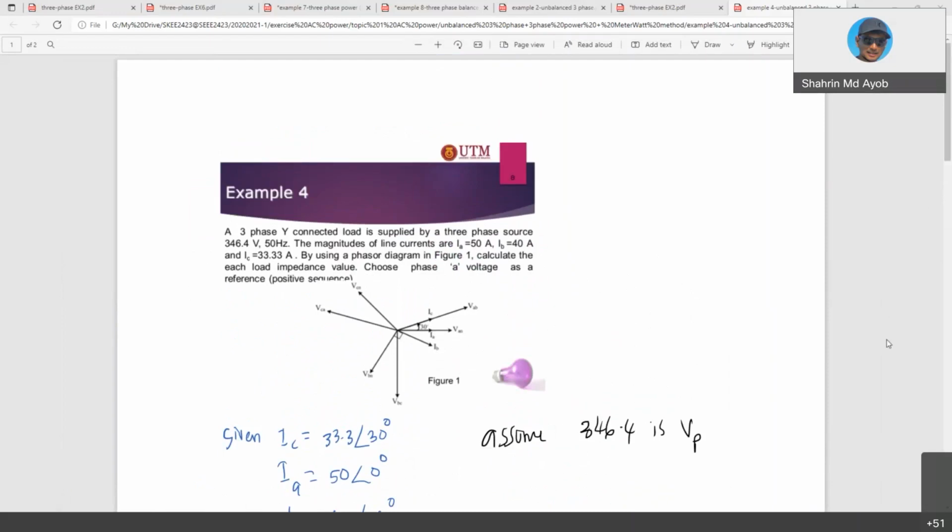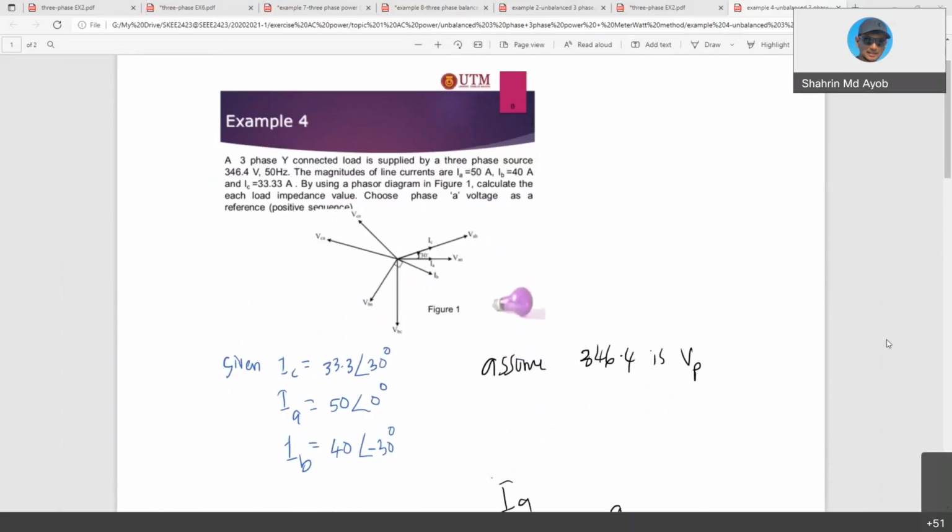For this one you need to know how to read the phasor diagram. This is an unbalanced system, meaning that the current values and also the angles are not equal. Since this doesn't mention RMS or V phase or V line, I just assume that the value is V phase, V phase maximum.